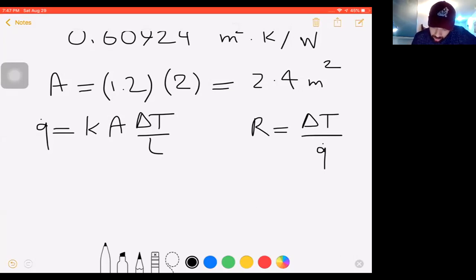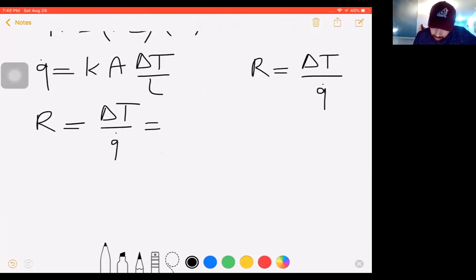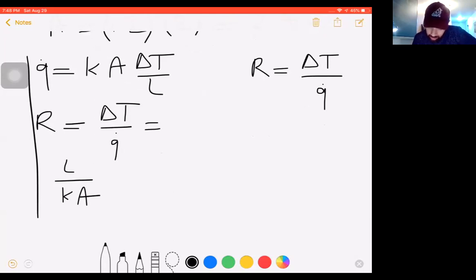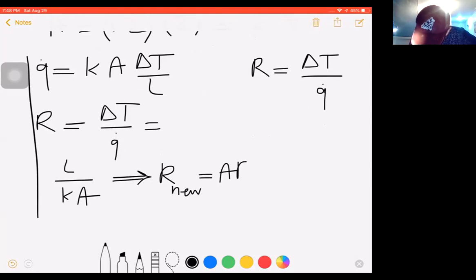If you remember, R was equal to delta T over Q dot for conduction, which was equal to L over KA. Since we didn't include A here, our new R was A times the previous R.